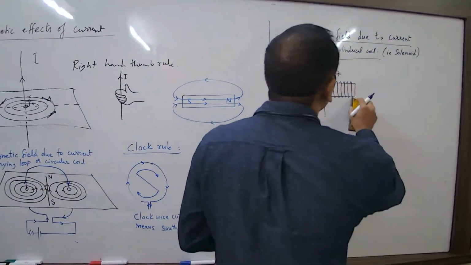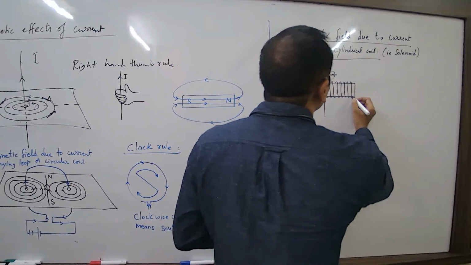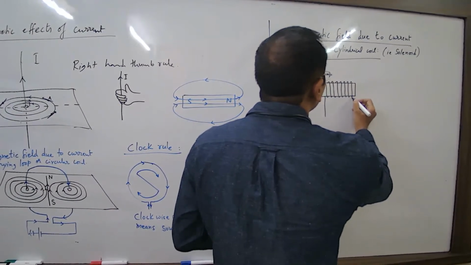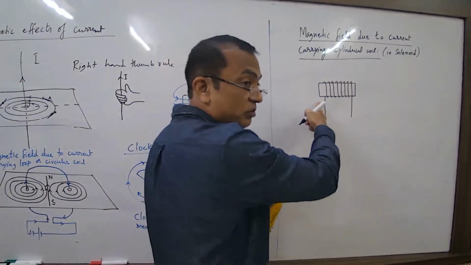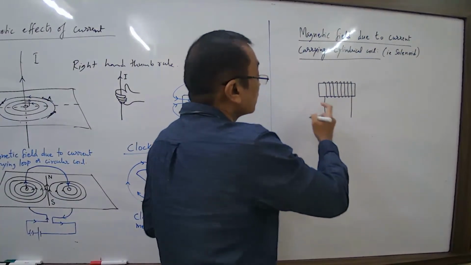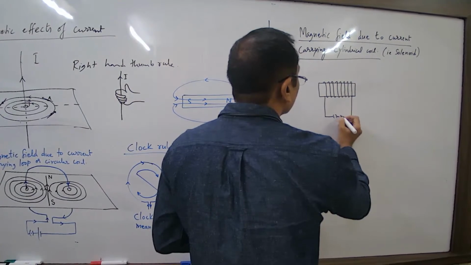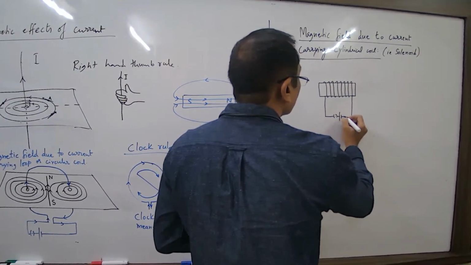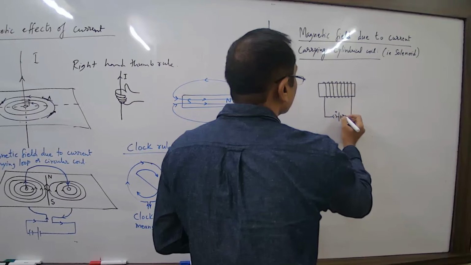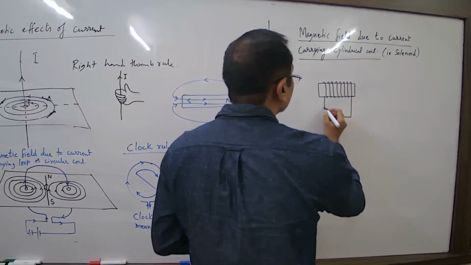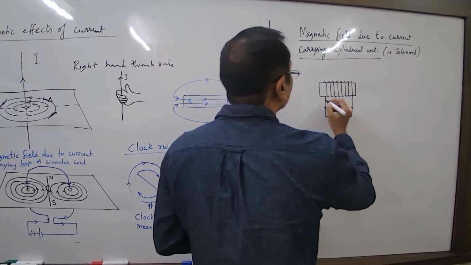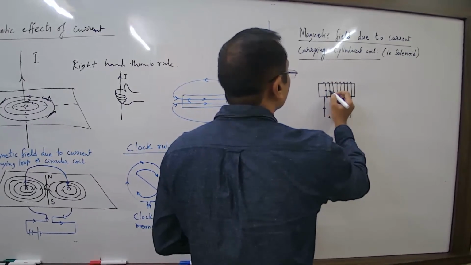So the last wire should come from above because the first wire is behind. Okay. Now how is the current going? This is plus, this is minus. So current will flow like this. So how will it come through the turn?